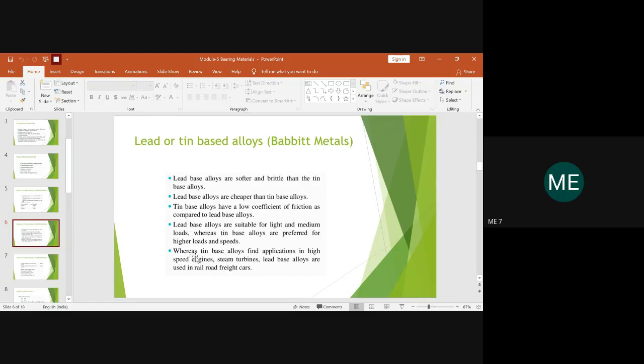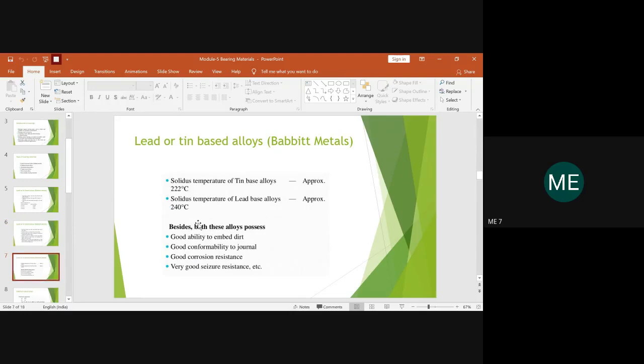And lastly, tin based alloys find applications in engines, steam turbines, whereas lead based alloys could be used in railroad, in freight cars, etc. So these are the features of lead based alloys with respect to the tin based alloys. And as a result, you can try to focus on more tin based alloys rather than lead based alloys, right?